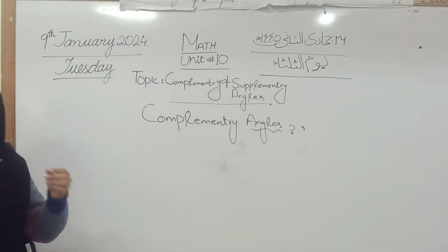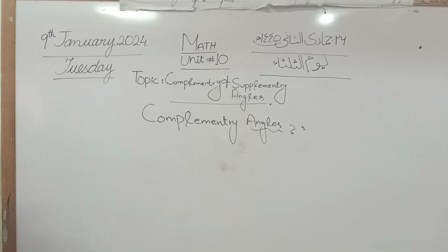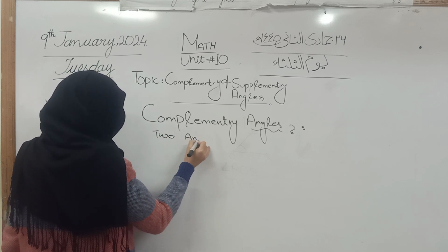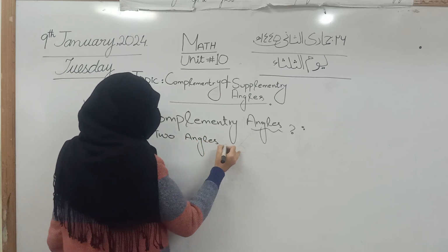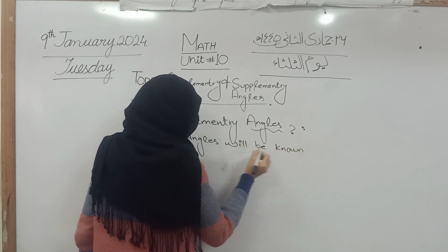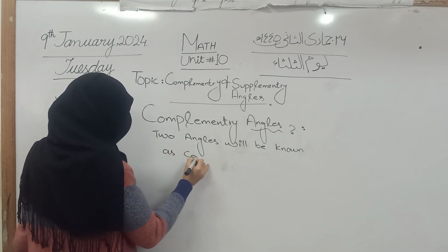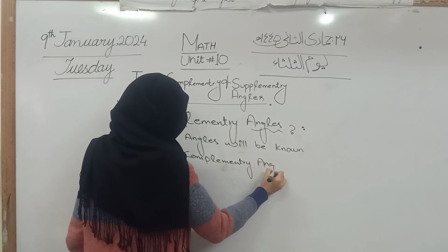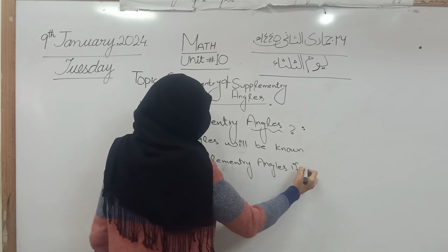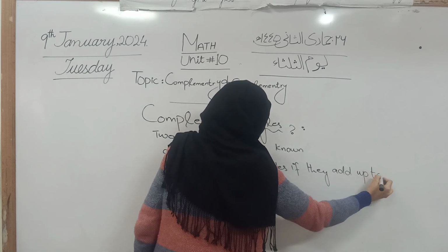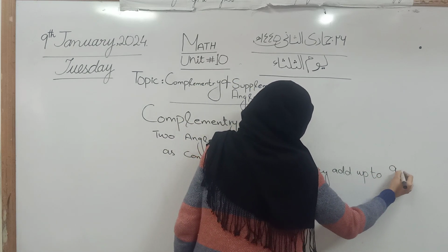First of all, you have to write the definition: two angles will be known as complementary angles if they add up to 90 degrees.